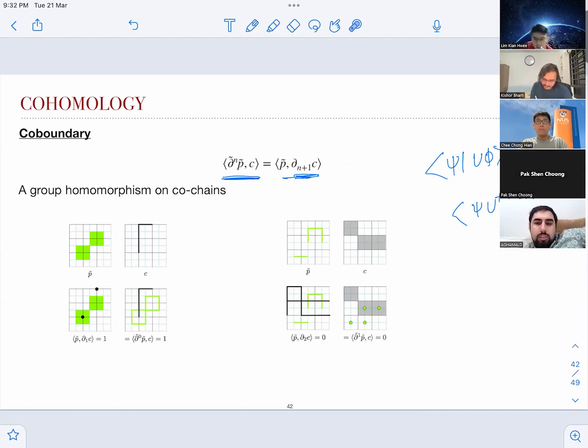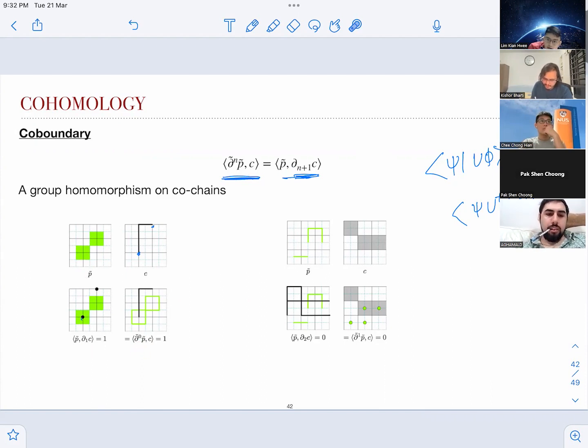So you have your P tilde and you have C. You look at the boundary of C here, which will be these two elements. You take their inner product, it counts the number of vertices inside the plaquette, and that's basically 1 here. Similarly, if you look at delta 0 P tilde and apply this idea, it goes from n plus 1 to n, so here you have 1, and it will become 0.